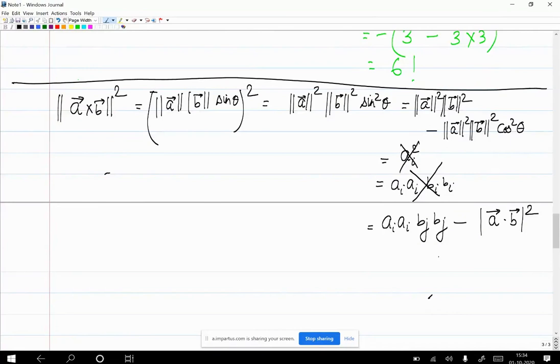That's magnitude of A into magnitude of B into cos theta, right? And then you take the square. Is that okay? Okay, very good. So this then becomes A_i A_i B_j B_j minus, what is A dot B in index notation?